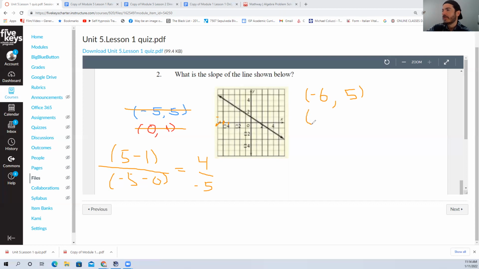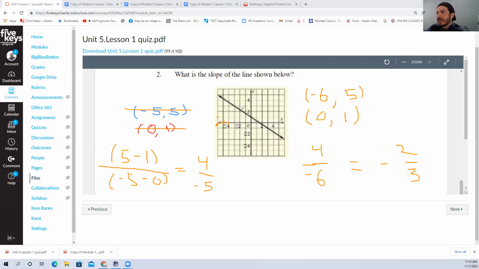Yeah, 0 and 1. So 5 minus 1 is still 4. -6 minus 0, though, is -6. And this actually can reduce to -2/3.